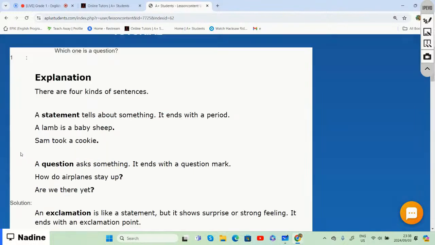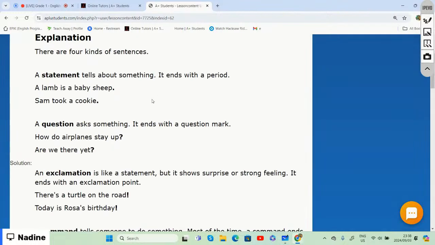All right. And then when it comes to a question, we said a question asks something and it ends with a question mark. For example, how do airplanes stay up? Or are we there yet?